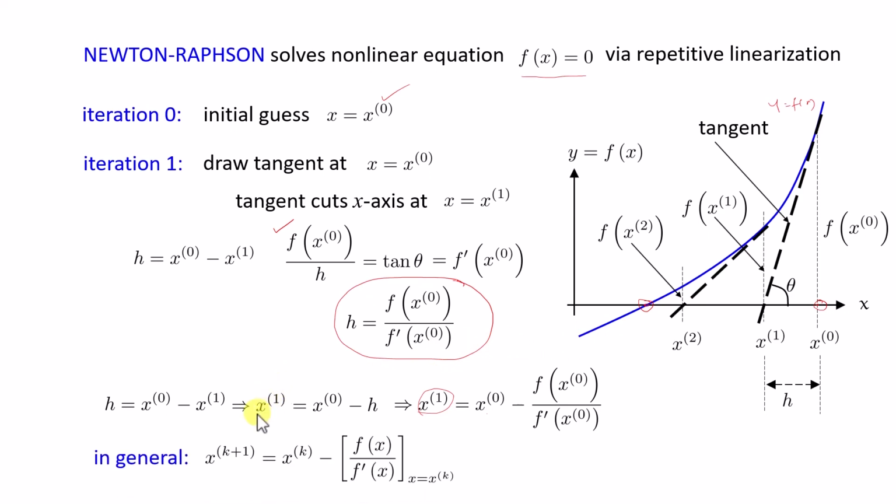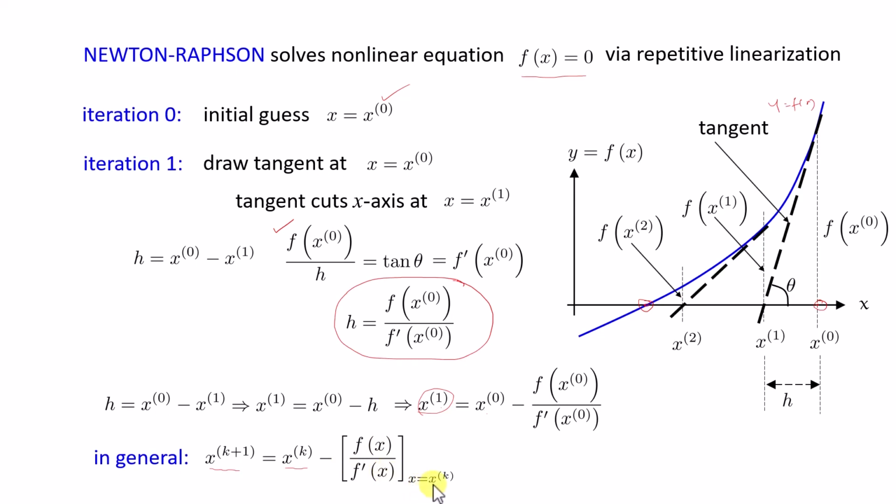Therefore, we can generalize this relation: x1 equals x0 minus f of x0 divided by f prime of x0. We generalize this. At the k plus 1th iteration, the value of x is equal to the kth iteration value of x minus f of x divided by f prime of x.